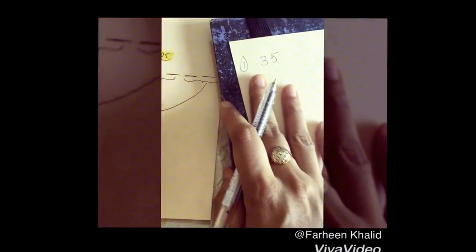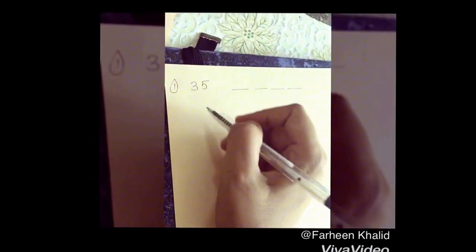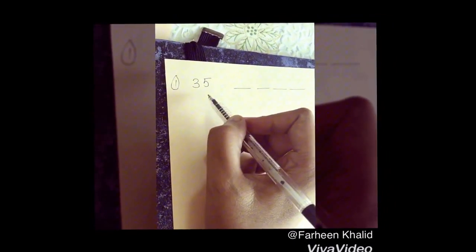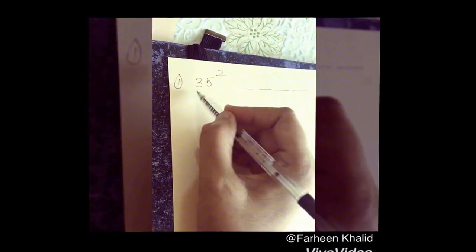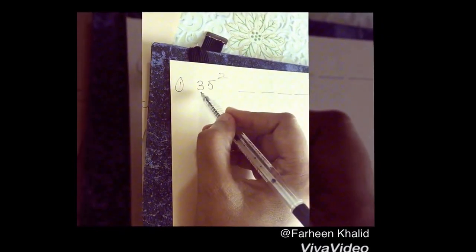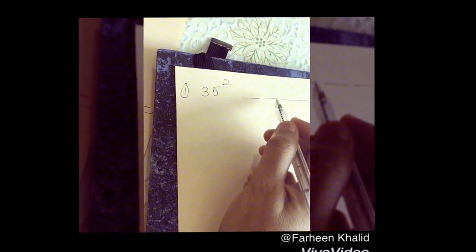The first example that I've taken here is 35. First, we put 4 spaces here. The answer is going to be either a 4-digit number or a 3-digit number, because, like I told you in my multiplication video, we are doing 35 square, which means 35 times 35, which is a 4-digit number in the question.